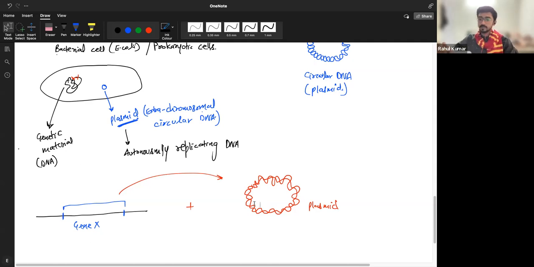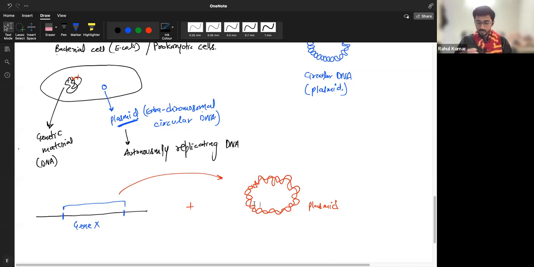Let's say this cap is something which I want. This is my gene of interest. This is my plasmid. So first thing I'll do is I'll cut open the plasmid so that I can hold my gene. Can you see this, people? Yes, sir. So this is a recombinant DNA, the plasmid DNA carrying our gene of interest. Okay, this is what we have to do.